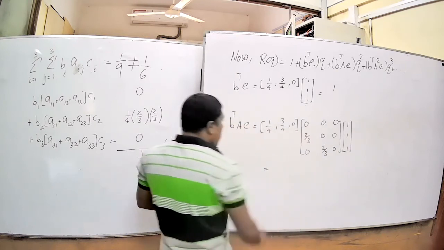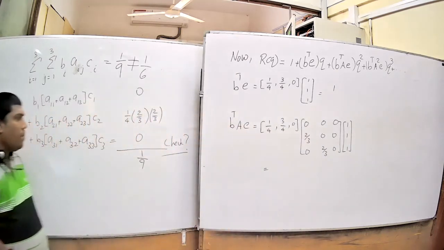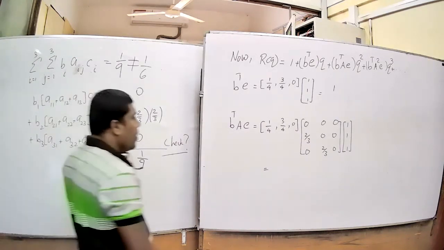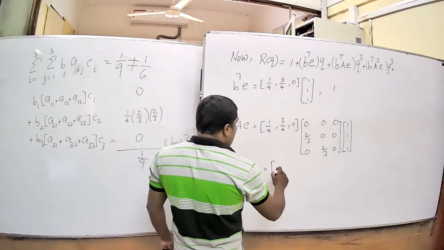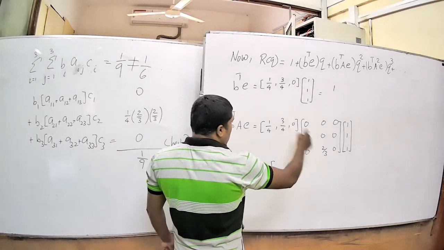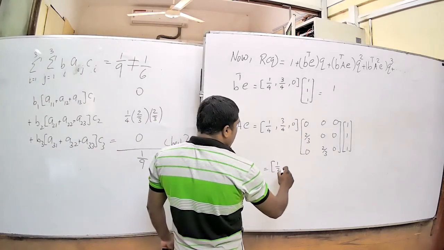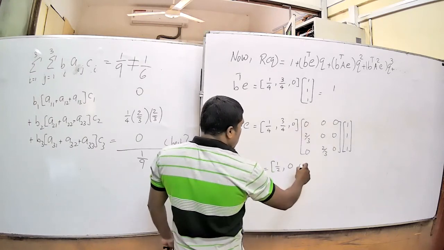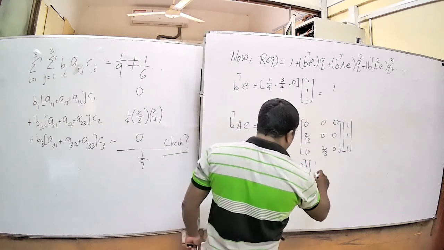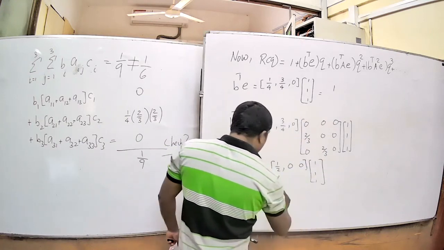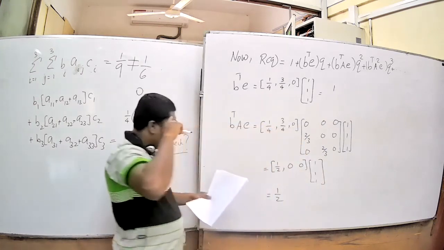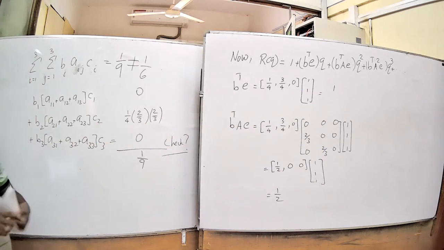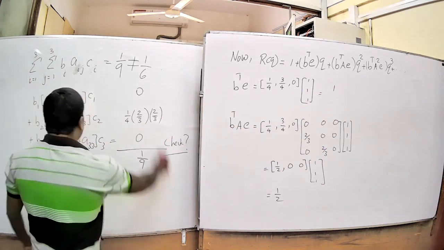So you multiply all of them, row into column, row into column, row into column. So this is 3 and 3 cancel, 2 cancel, 1/2, this into this 0, this into this 0, times 1 1 1. It's going to be 1/2.